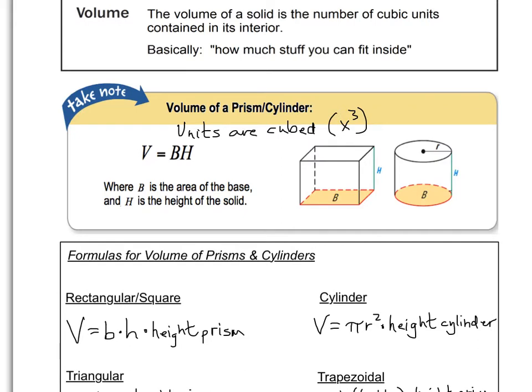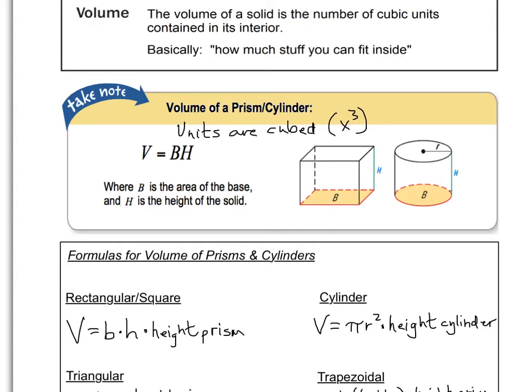So, the volume of any basic prism or cylinder is the capital B, which is the area of the base, times the height of the prism or the cylinder. So I would find the area of the bottom shape. In this case, I'd find the area of this square or rectangle, and take it times the height of the prism.